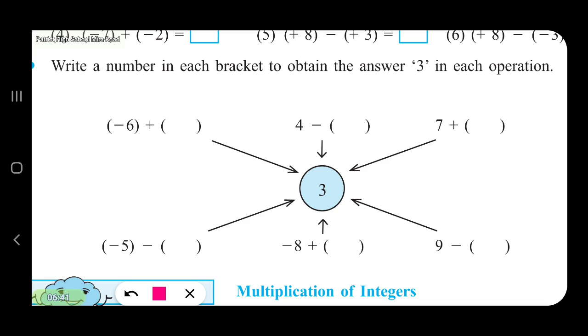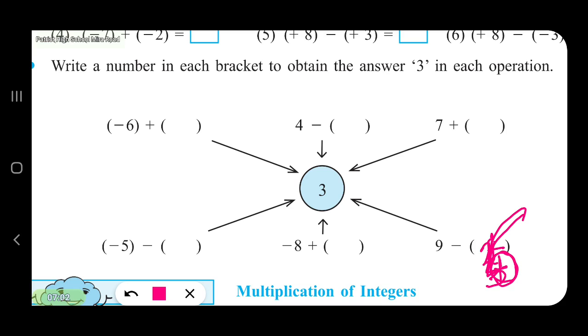it is 9 minus something. So 9 minus 1 is 8, 9 minus 2 is 7, 9 minus 3 is 6, 9 minus 4 is 5, 9 minus 5 is 4, and 9 minus 6 will be 3.